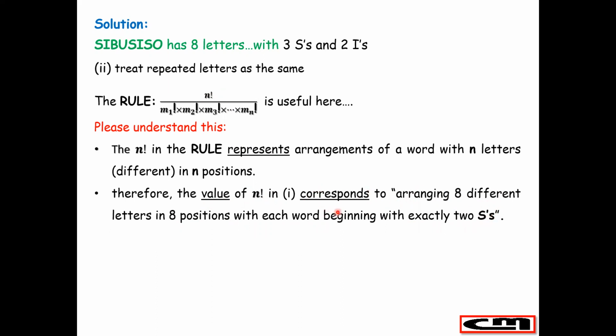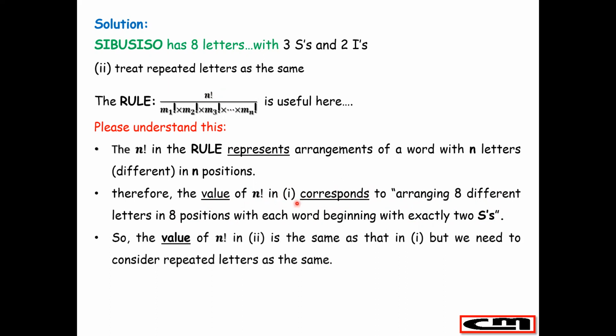If we understand this, then the value of that same n factorial in 2 is the same as that in 1. Because why? If you are going to apply this formula, since we are now treating repeated letters as the same, the way we find the numerator is not as direct as simply counting how many letters are there in the word, then saying the number of letters factorial.